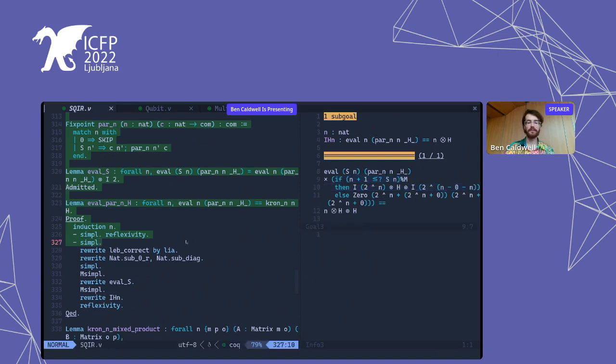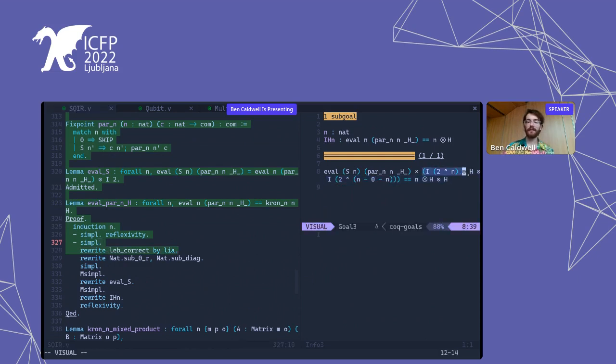So we say, okay, well, it absolutely is correct, and we can show that automatically with LIA. It just replaces this conditional here with true, and then evaluates us into this conditional state where we have the identities around our Hadamard. And now we kind of have a bit of a strange dimension over here, so we have to resolve that.